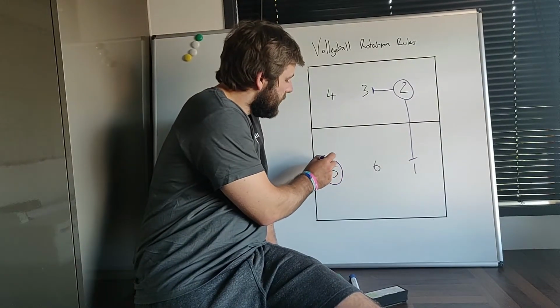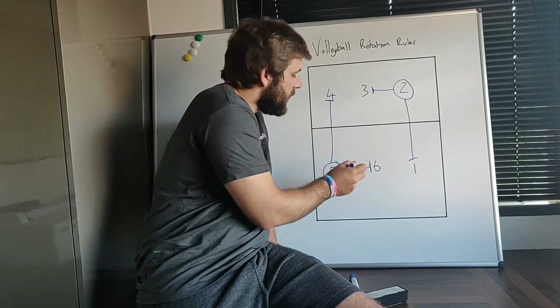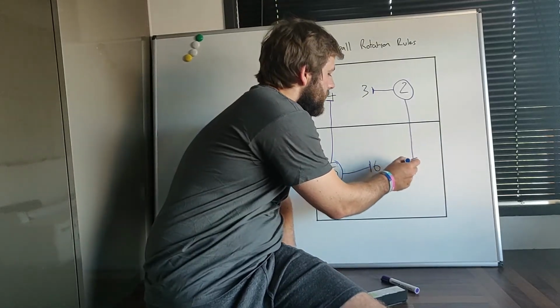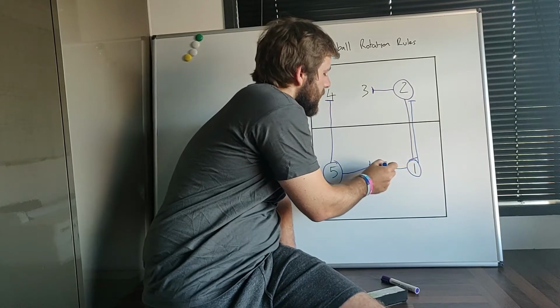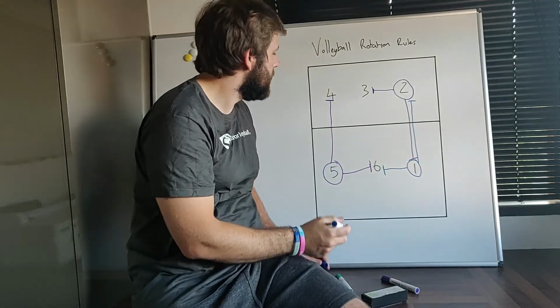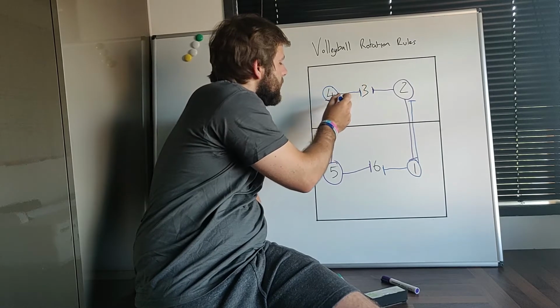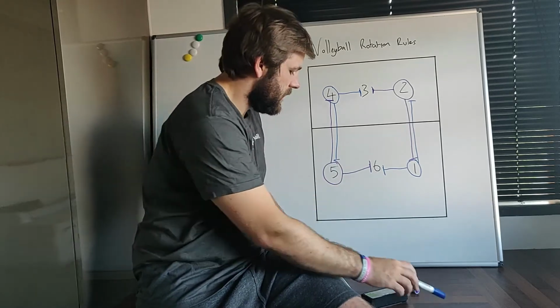So this 5 player can't go past this 4 player or to the right of that 6 player. At position 1, we can't go past the 2 and we can't go to the left of 6. At position 4, we can't go to the right of 3 and we can't go behind position 5.